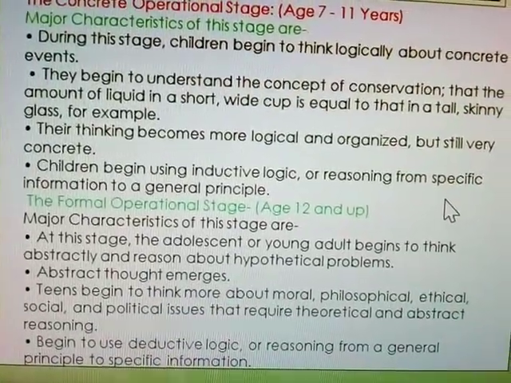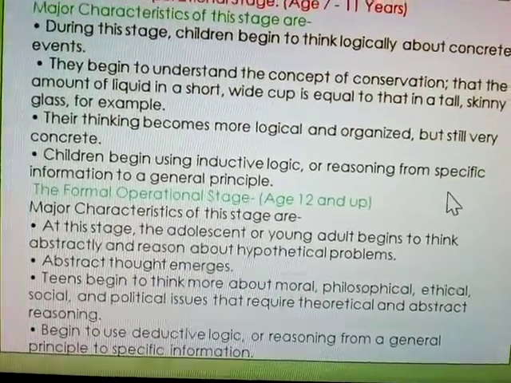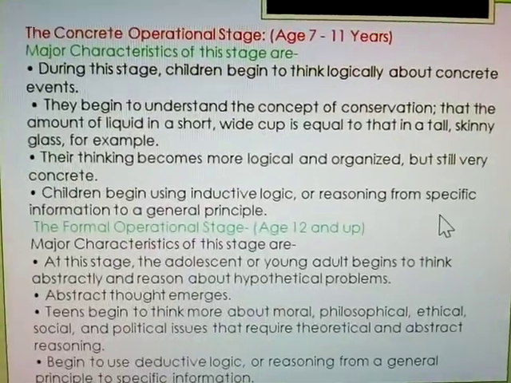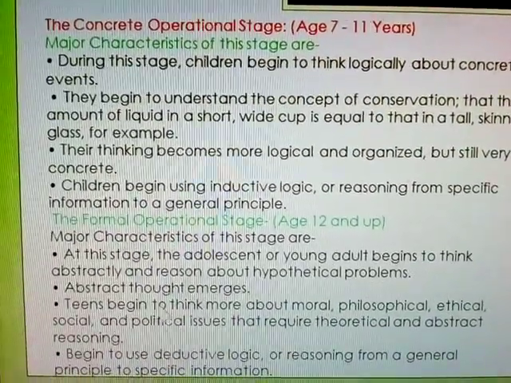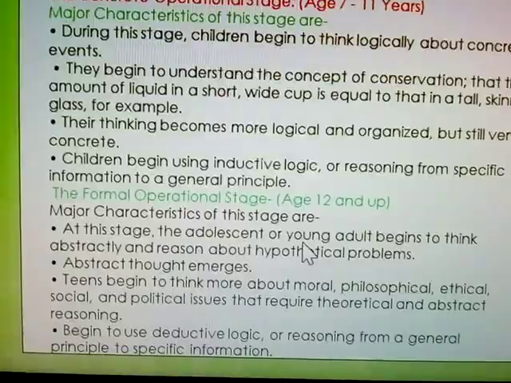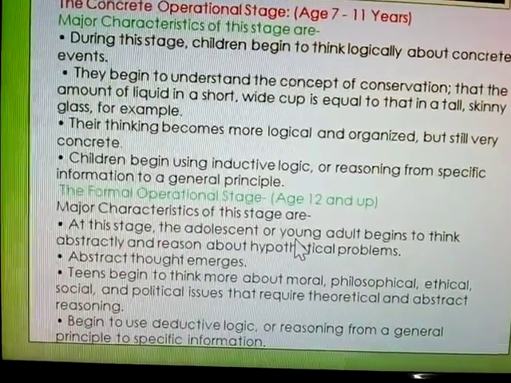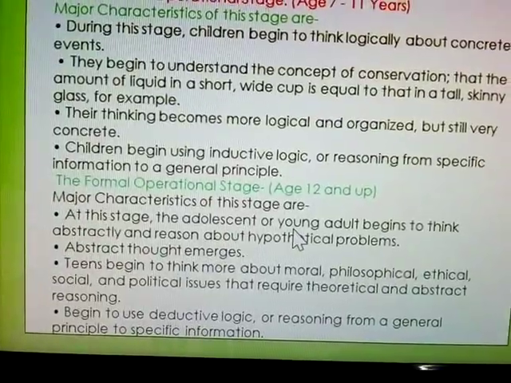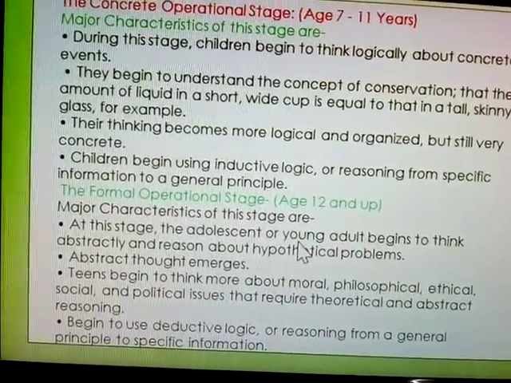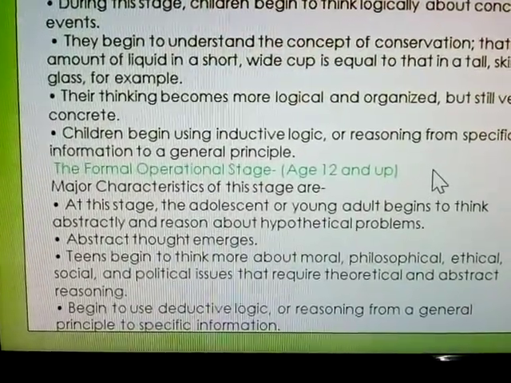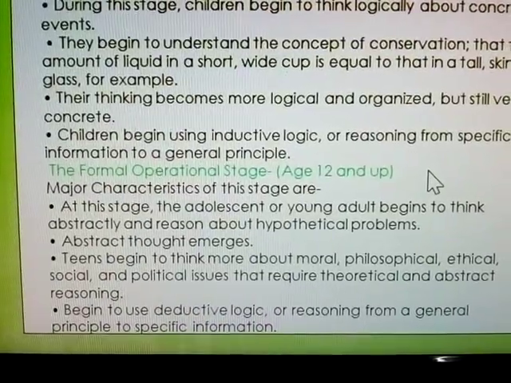The fourth one, the formal operational stage. The age is 12 and up. The major characteristics of this stage: this is the adolescent stage. Young adolescents begin to think abstractly and reason about hypothetical problems.